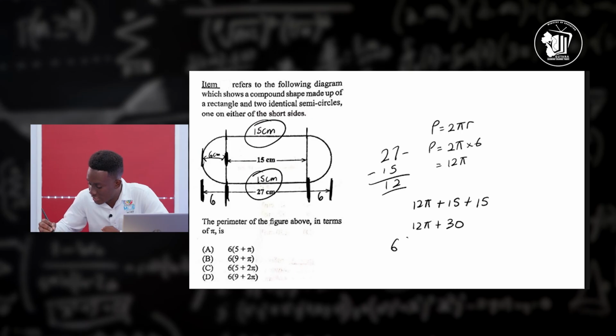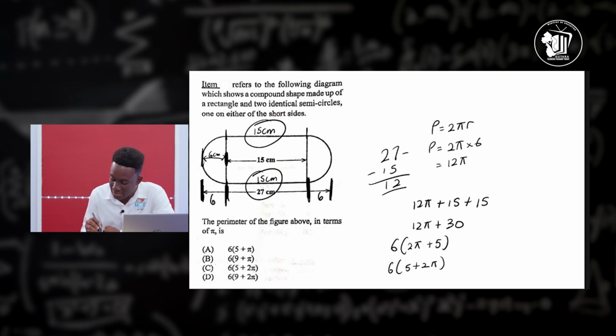So I factor out the 6 and I'm left with 2 pi plus, if I factor out 6 from 30, I'm left with 5. So I have 6 multiplied by 2 pi plus 5, and I can rewrite this as 6 multiplied by 5 plus 2 pi. So I see I have that answer there at C. So my answer there is C.